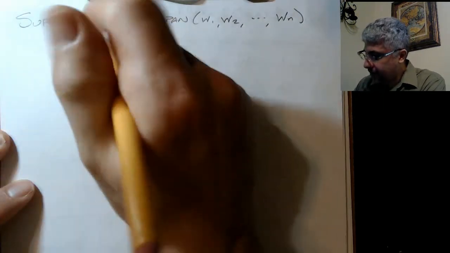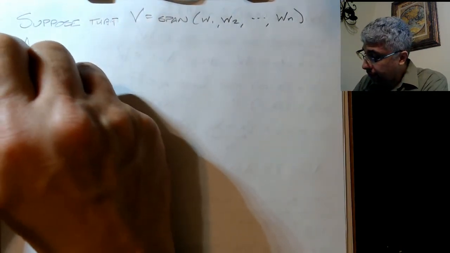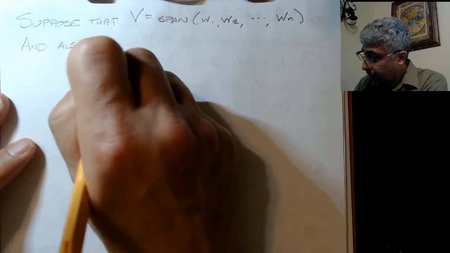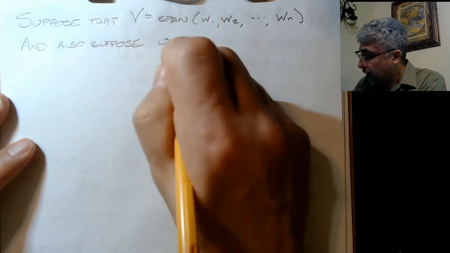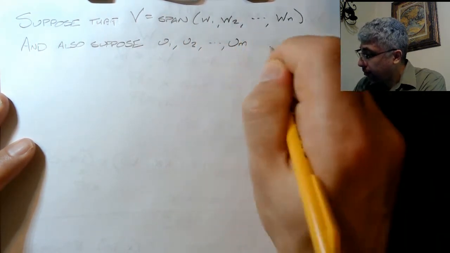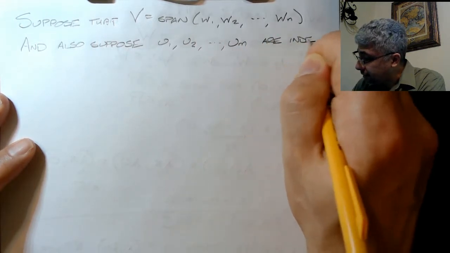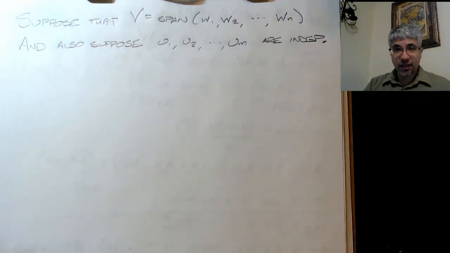Suppose that V is equal to this span here. And also, suppose we have some independent vectors U1, U2 through Um that are independent. Okay, so we have some independent collection of vectors.